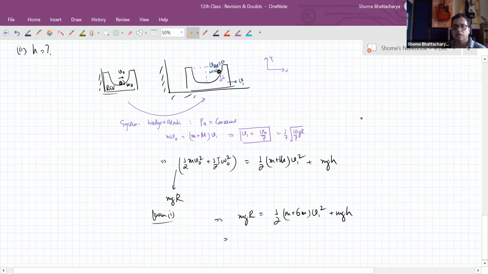And see here we have this relation that half m (1 plus 2 by 5) v naught square was mgr. This was from the first part.